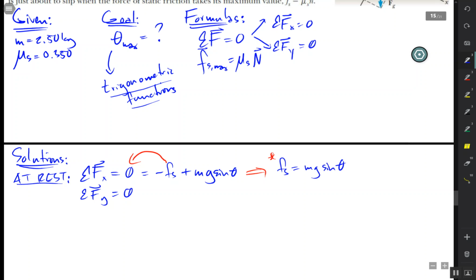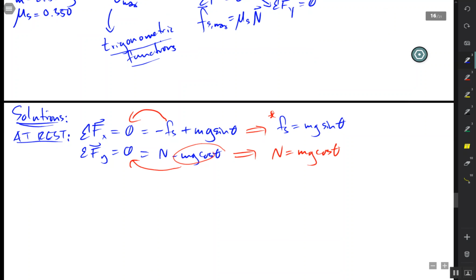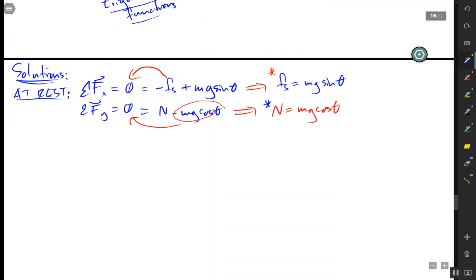We go to the y. And here it's just the normal force going up minus mg cosine theta. And so we just bring this aside, and we get the equation that the magnitude of the normal force equals mg cosine theta, and we'll hold on to that as well. But wait a minute.